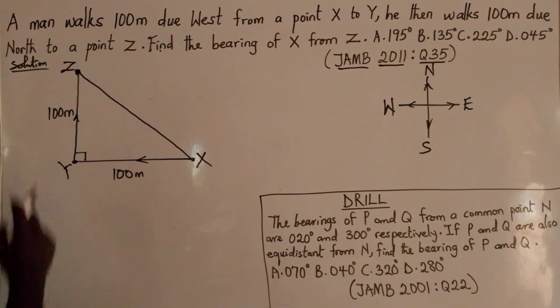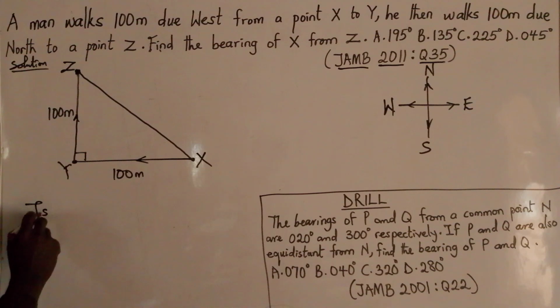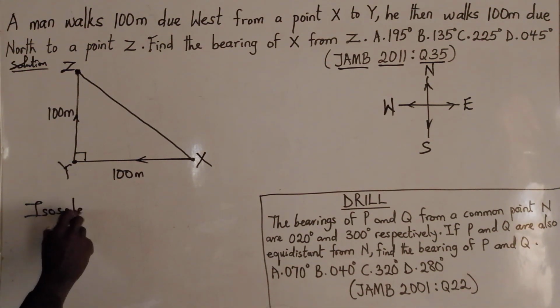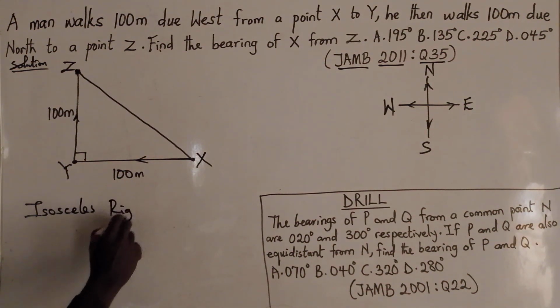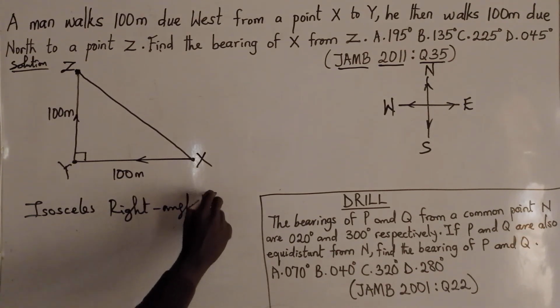I would like us to note that this triangle is an isosceles right angle triangle. What do I mean by that?